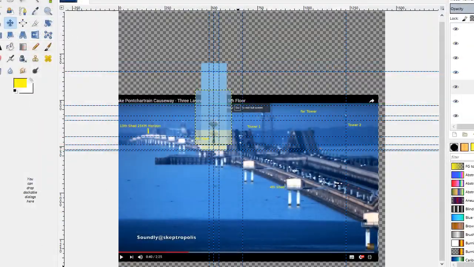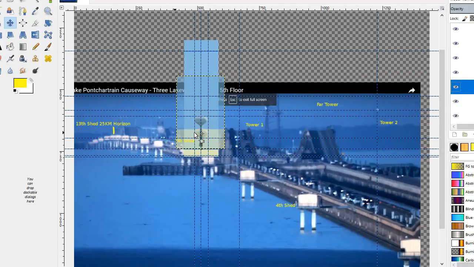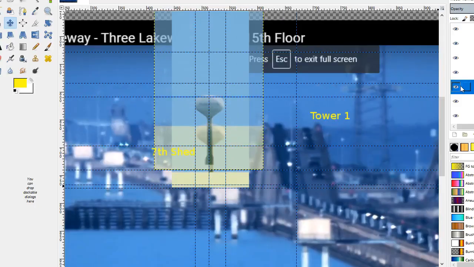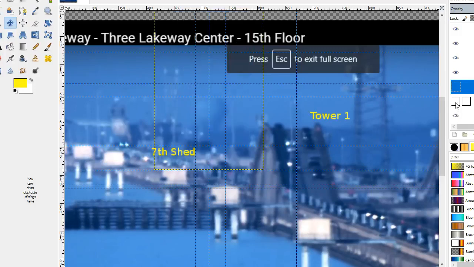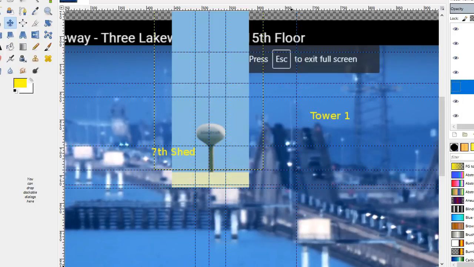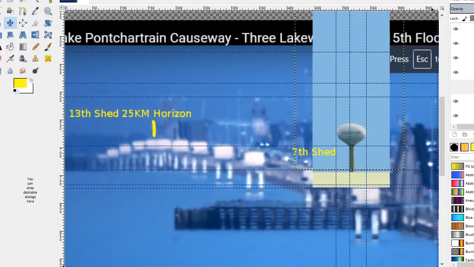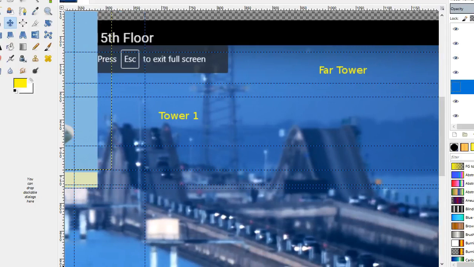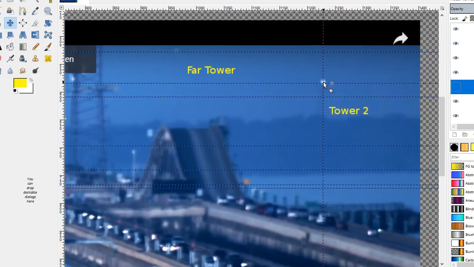Which I was just kind of showing. Yeah, I was just showing because I identified the tower here and this tower here, and there's another very distant tower that produces a flashing light in the video.